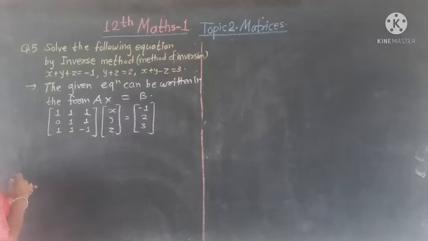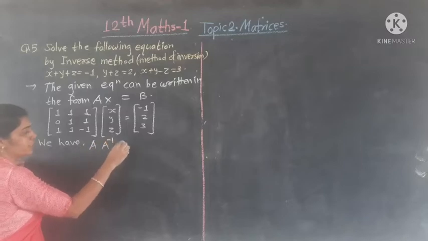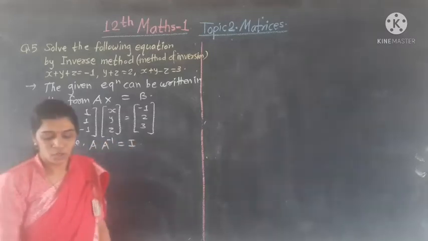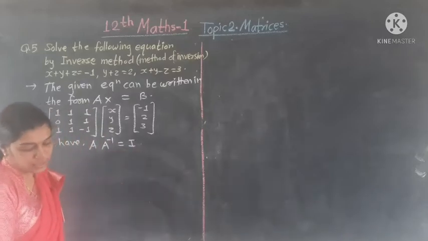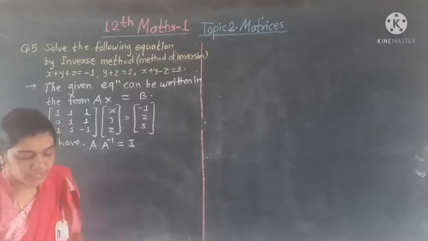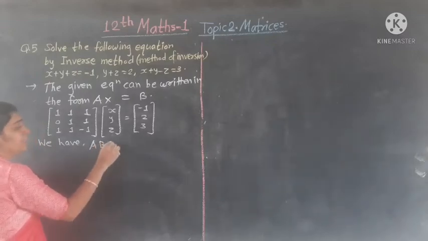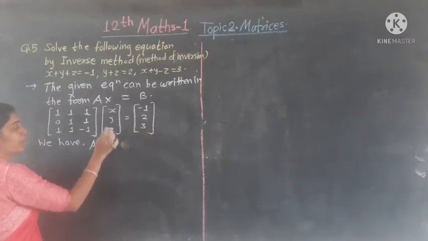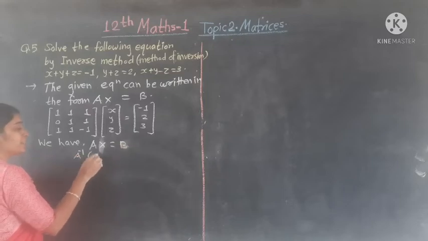Okay. Now we know that A into A inverse is equal to I. Here, sorry, I write AX is equal to B. Here we pre-multiply by A inverse.